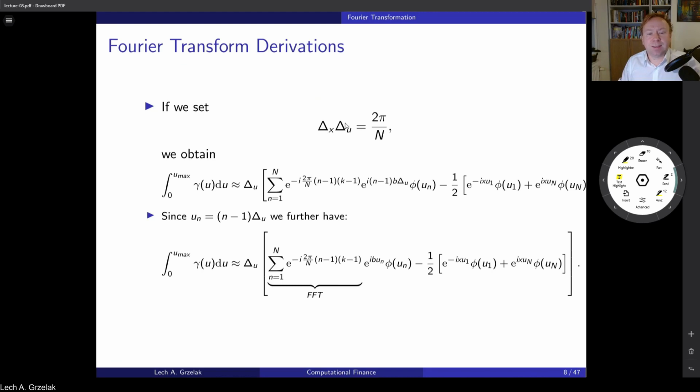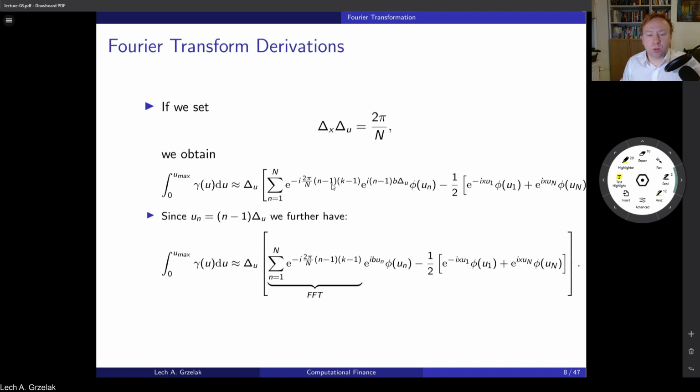This relation tells us what the relation is between the grid for x and the grid for u. So it is nothing special. We can just freely set the grid sizes in a way that fits the inputs for fast Fourier transformation.